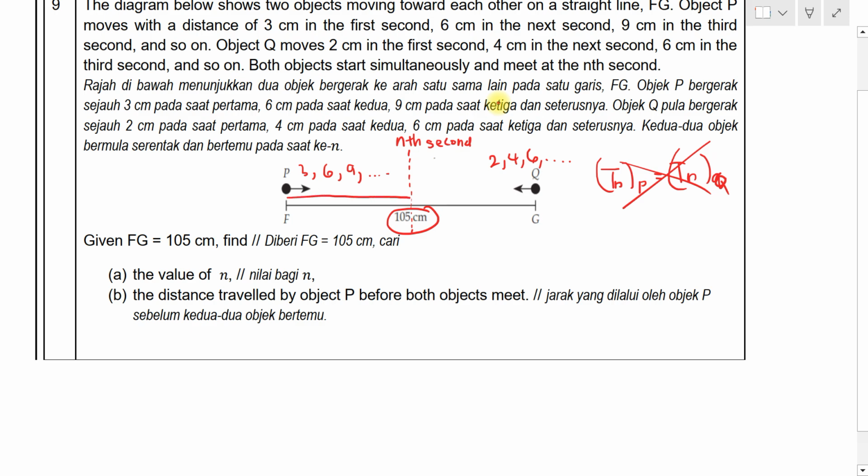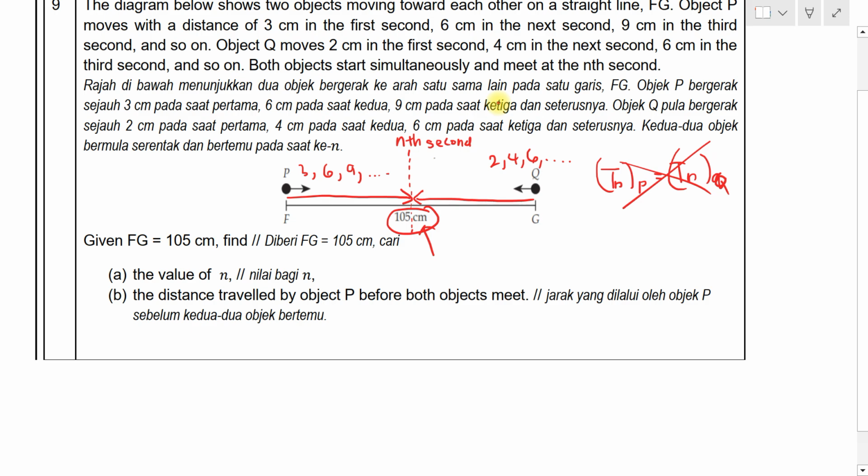The distance covered by particle P until here, and the distance covered by particle Q until here, will exactly equal to 105, correct or not?